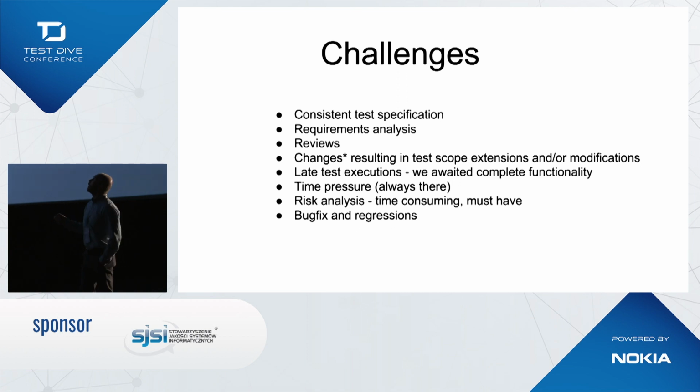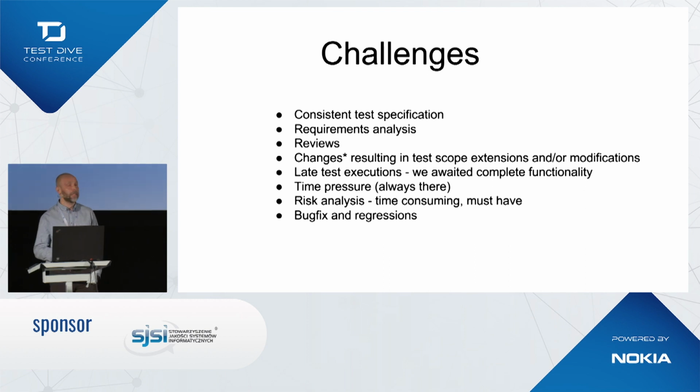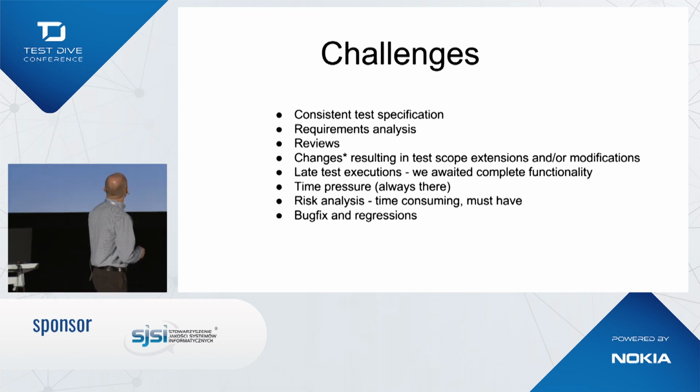We have to extend the test scope, we have to perform modifications, and after all, we need to test it. So we come naturally to the point that we have late test executions because of these changes, or because we have got the test package late.